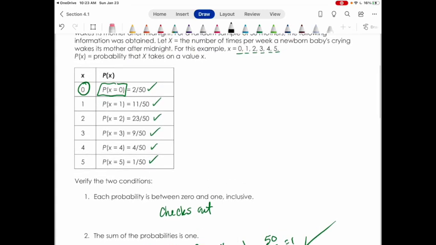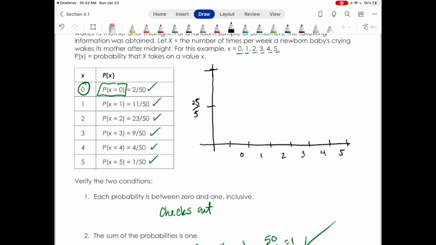Now, even though the question doesn't ask us to do this, I think it's important to visualize what this means. So we're going to draw a histogram and take a look at what this looks like. I'm going to use 6 classes, so each class is one of these random variable values, 0 through 5.